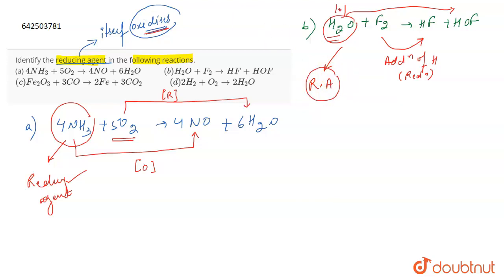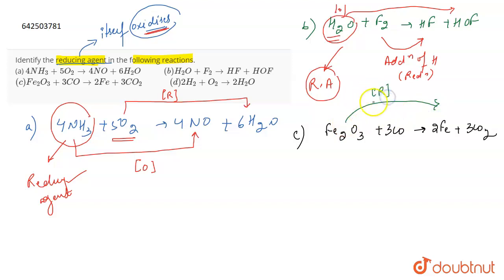Okay. Now, talking about the next reaction, which is C. Here you have Fe2O3 plus 3CO, and this gives 2Fe plus 3CO2. Now looking at this reaction very carefully, from Fe2O3 to Fe, what is happening?